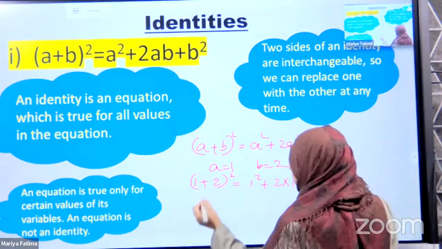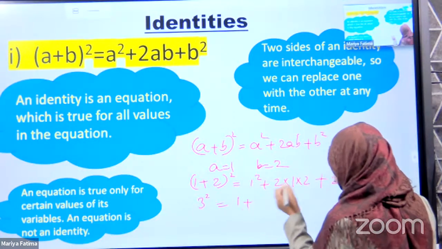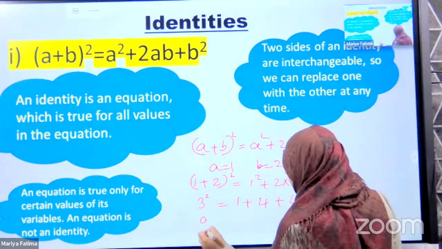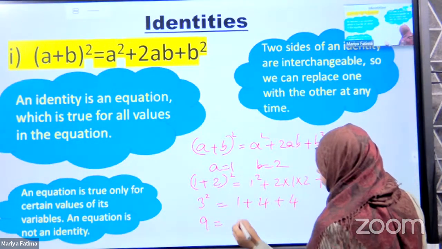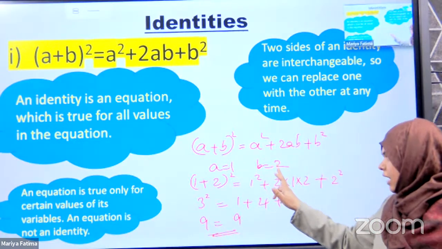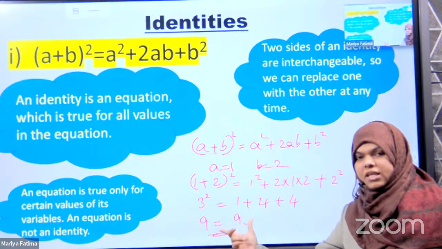Now 1 plus 2 is 3 whole square, which is 9, and the right side is 1 plus 4 plus 4, which is 9. With a as 1 and b as 2, we get LHS and RHS equal.